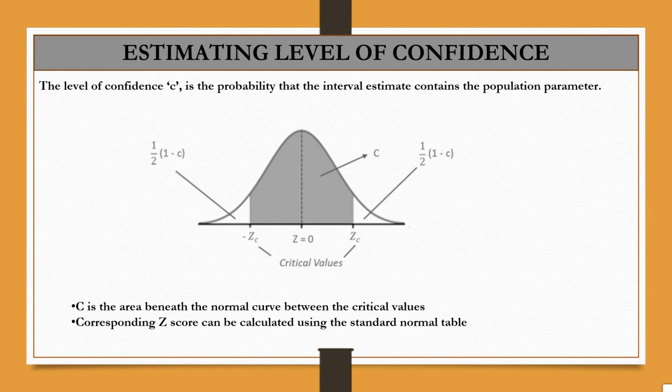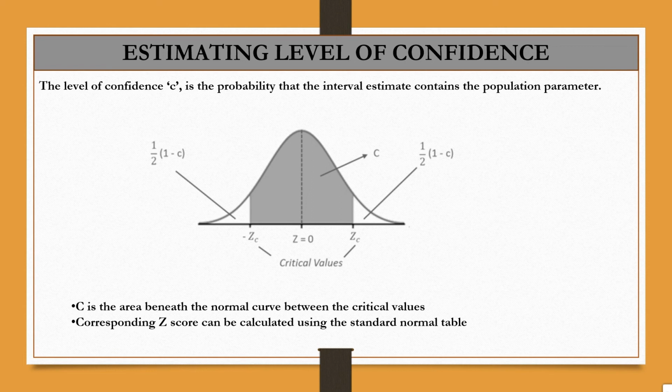The area between minus ZC and ZC under this curve is nothing but the probability that the interval estimate contains the population parameter. It generally contains the value that you are predicting. These are known as critical values. This is your lower limit and your higher limit of the confidence level.